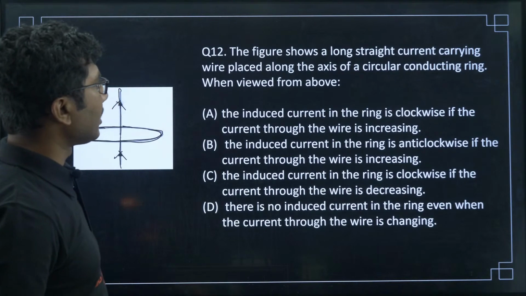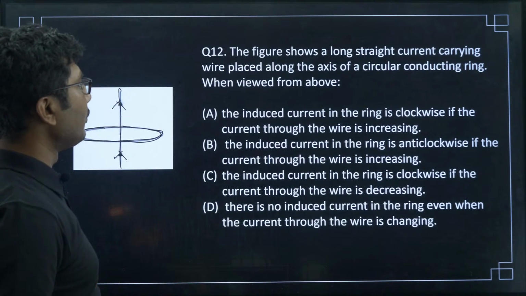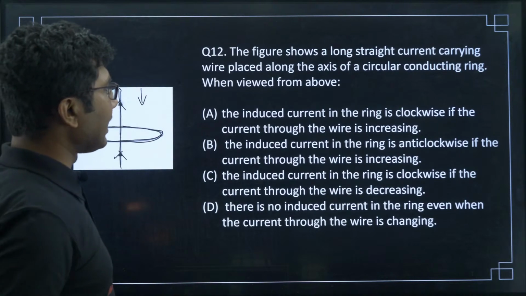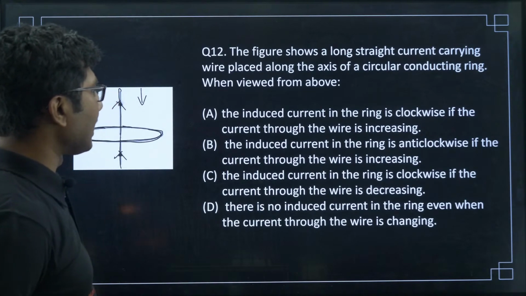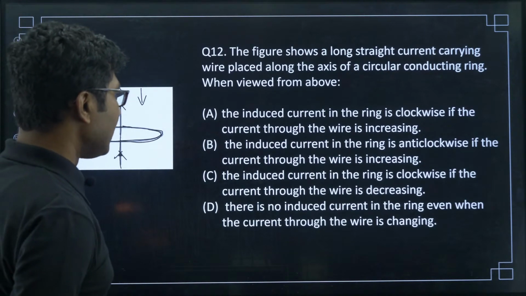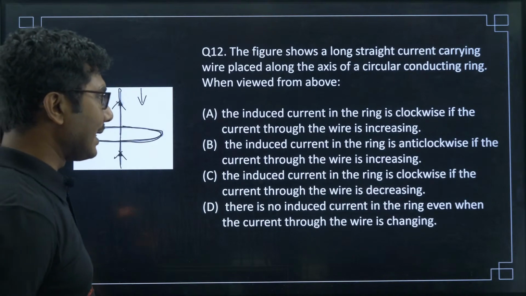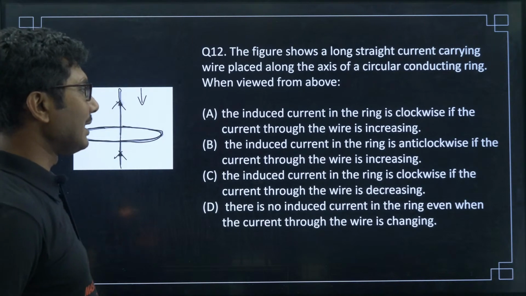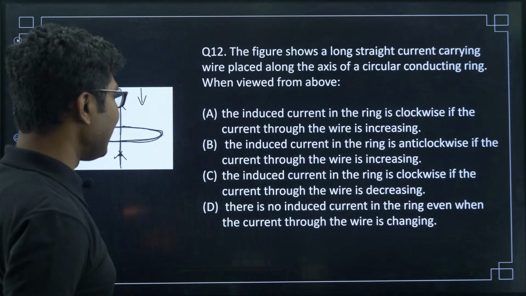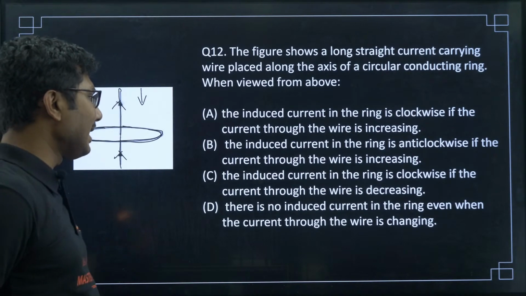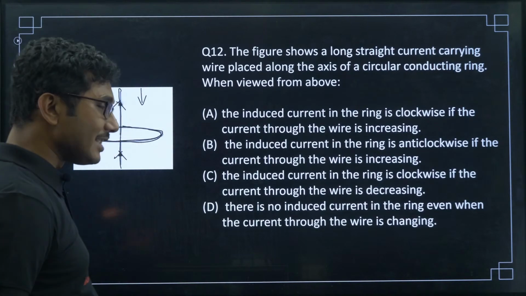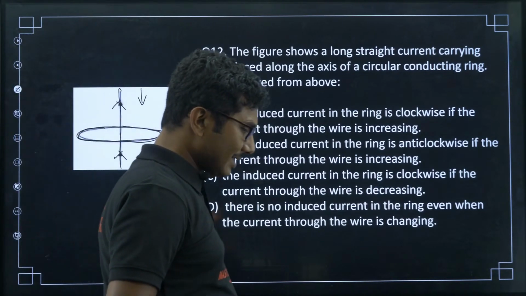When viewed from above, the induced current in the ring is clockwise if the current in the wire is increasing. The induced current in the ring is anti-clockwise if the current through the wire is increasing. The induced current in the ring is clockwise if the current through the wire is decreasing. There is no induced current in the ring even when the current through the wire is changing. Okay. Interesting question.